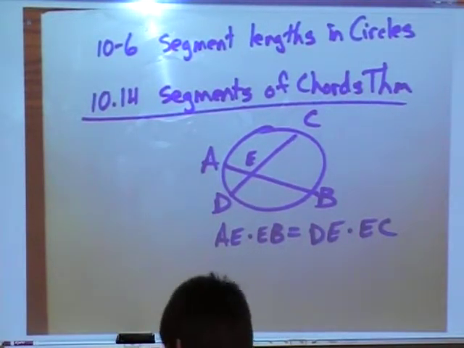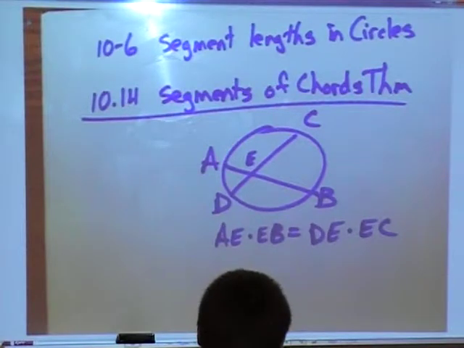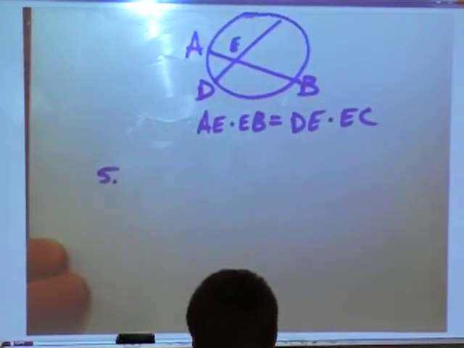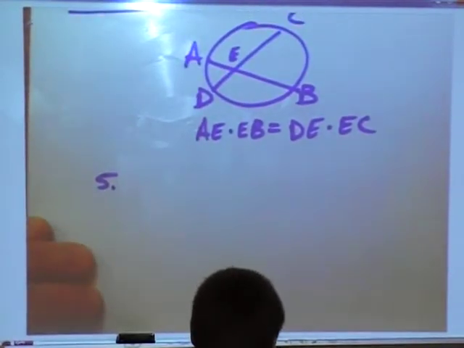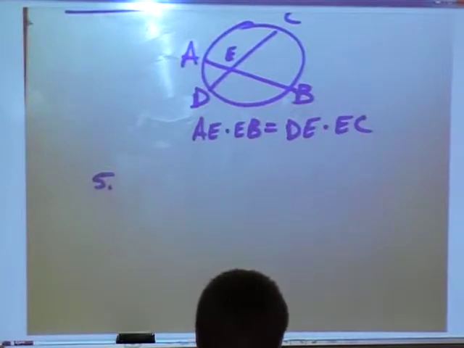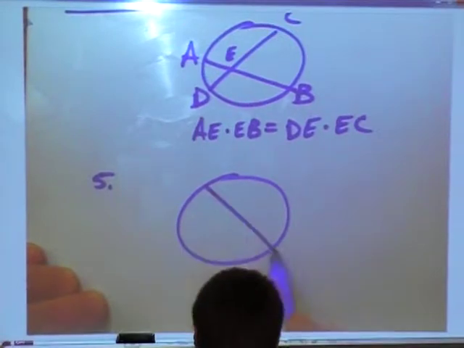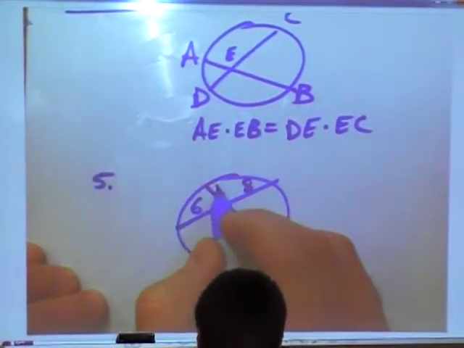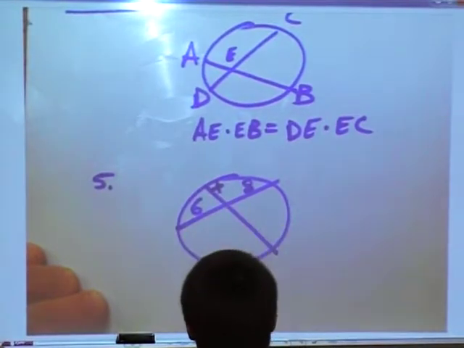Okay, so let's do a problem. Look at number 5. Put that up there so you can see it. This is 6, this is 8. That is x right there.